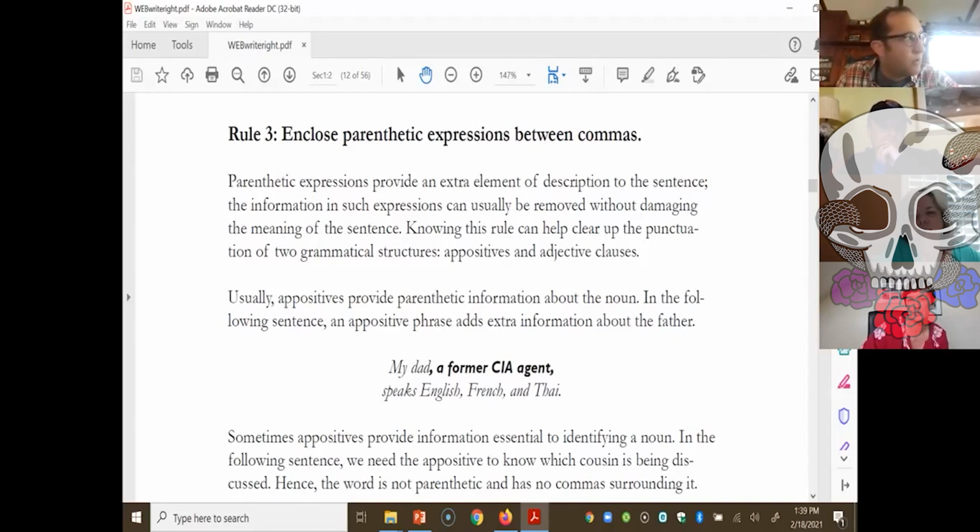Same goes for semicolon, hyphen, dash, colon, 10 original sentences per syntactical device, and they've mastered it. You never have to do it again.